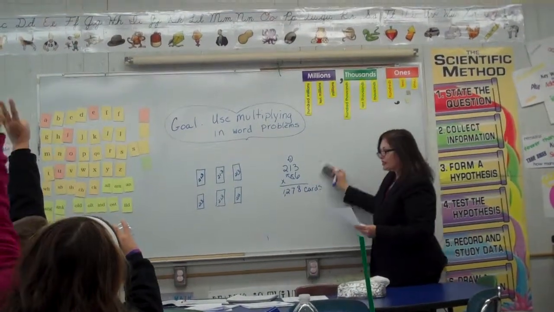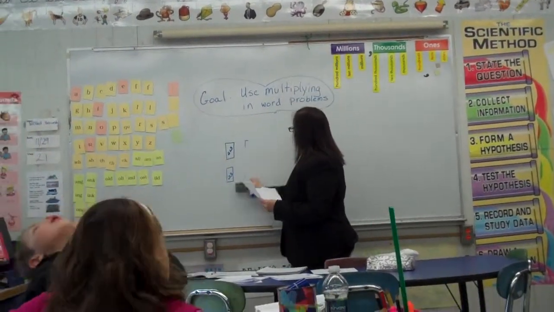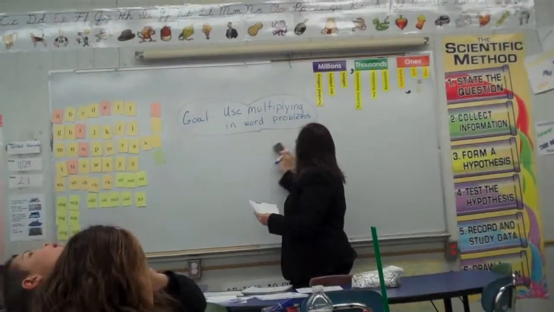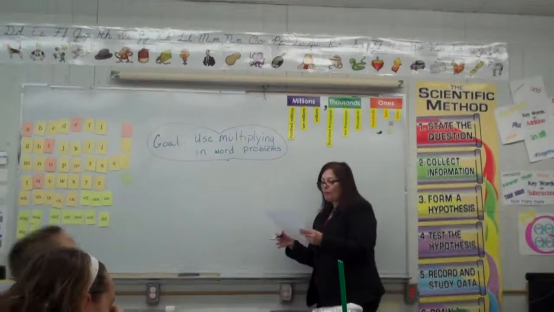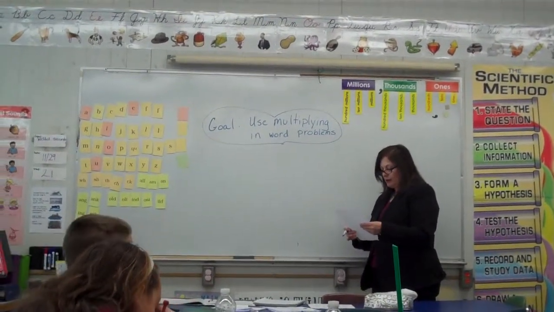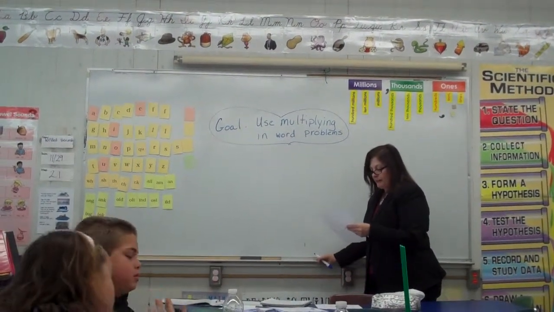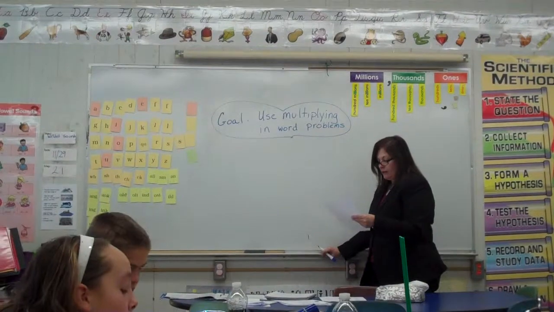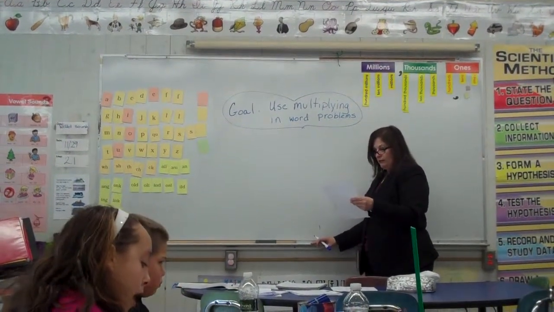Sebastian, since you just came in, would you like to read number 3 for me? We're working on multiplying in our word problems. Okay, so number 3. A pet store has 9 giant fish tanks. In each fish tank, there are 423 fish.